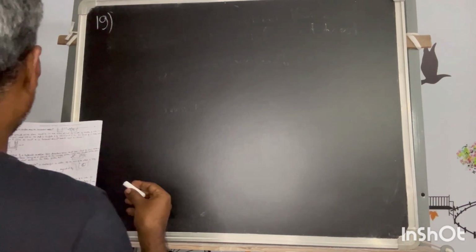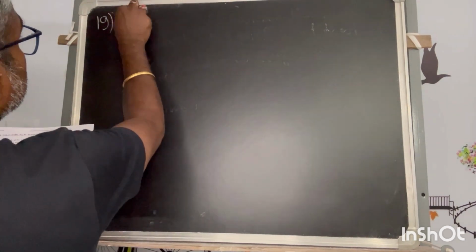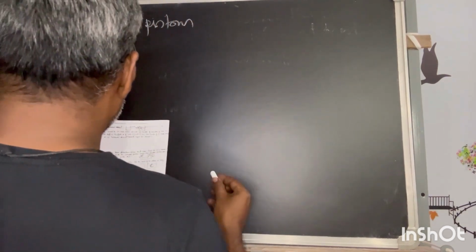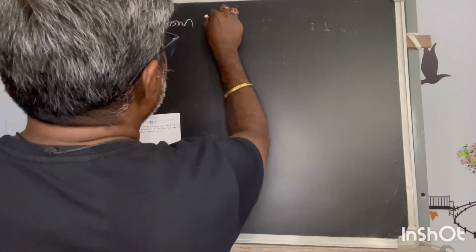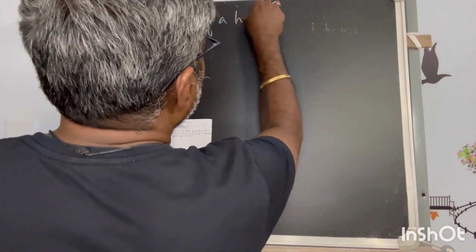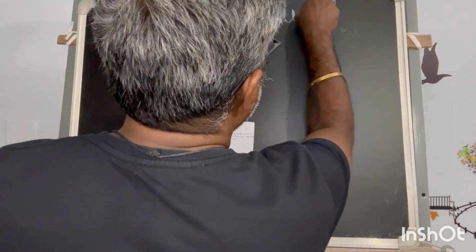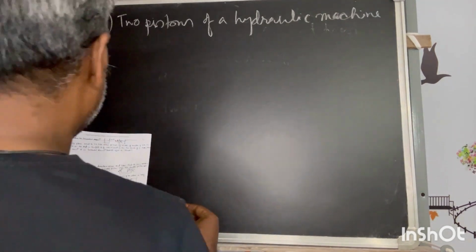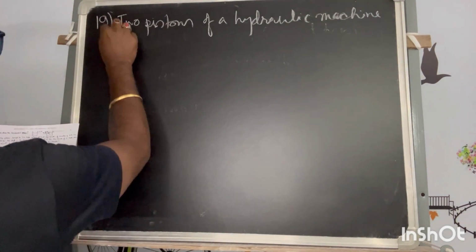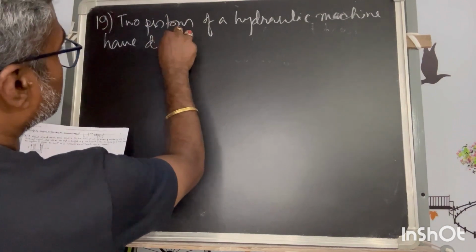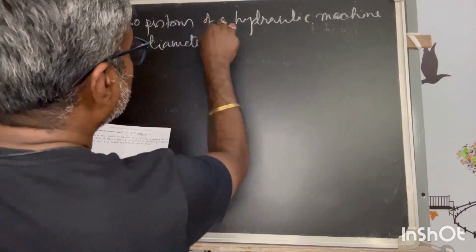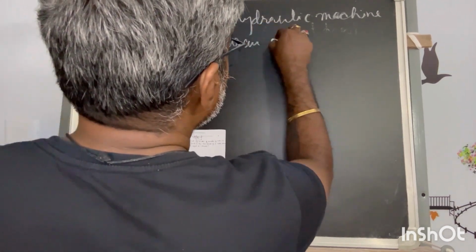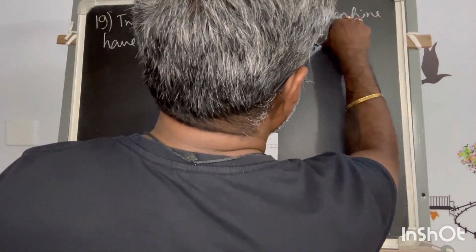Okay, so 19 says: two pistons of a hydraulic machine have diameters 20 centimeter and 2 centimeter.